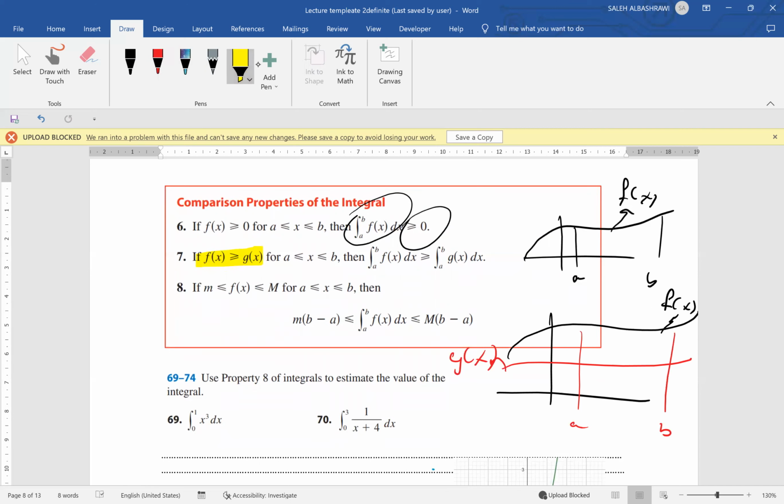So it is very clear that this area, if it is positive, is smaller than the whole area.